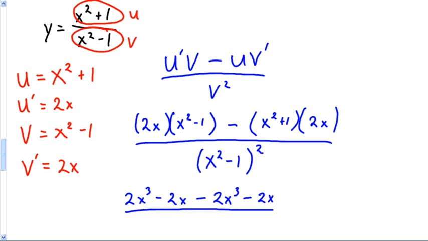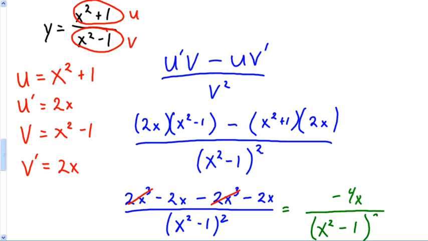All that's over x squared minus 1 squared. Hey, check this out, the 2x cubes are gone. So when all this is said and done, I end up with negative 4x over x squared minus 1 squared. Bam! I've got this one done.